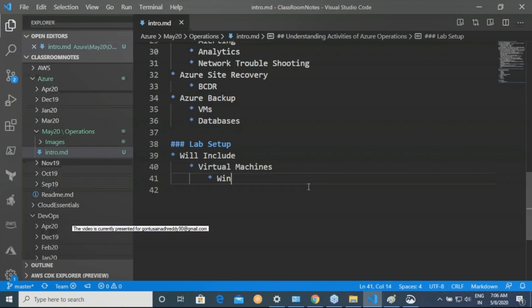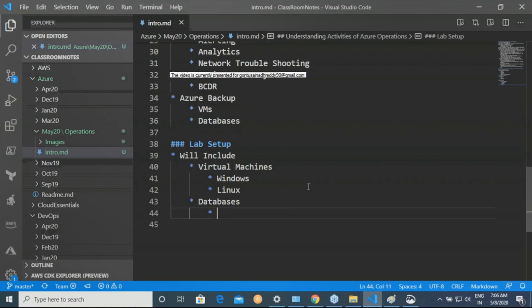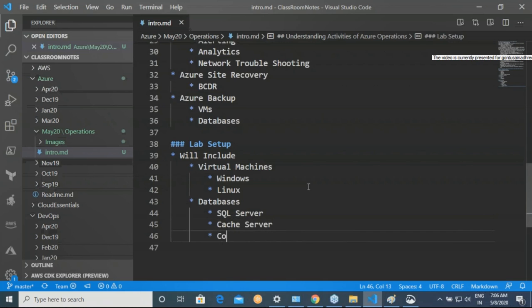In virtual machines, I'll be creating both Windows and Linux virtual machines. I'll be creating databases. I'll be creating SQL server. And then one cache server. And Cosmos DB.